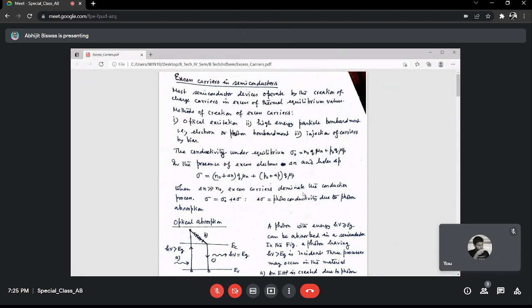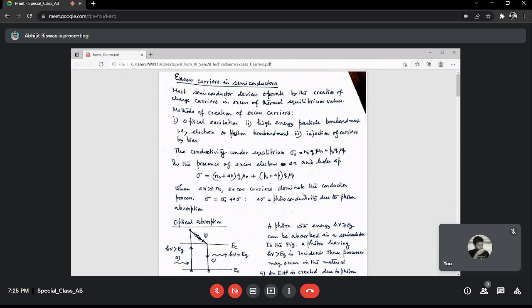Okay, so here is excess carriers in a semiconductor. That means we already considered that the semiconductor is under thermodynamic equilibrium, and when a semiconductor attains this equilibrium condition, there will be equilibrium electron concentration as well as equilibrium hole concentration.